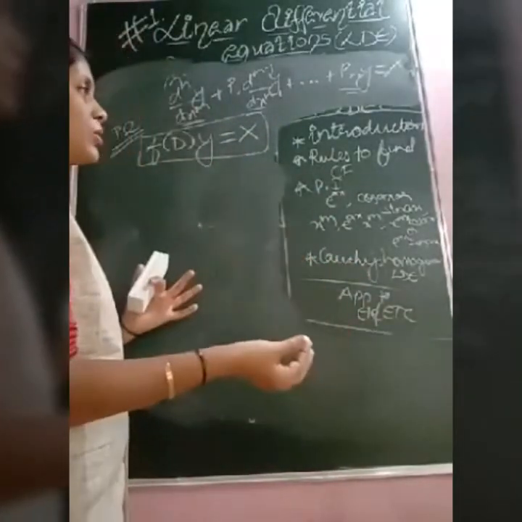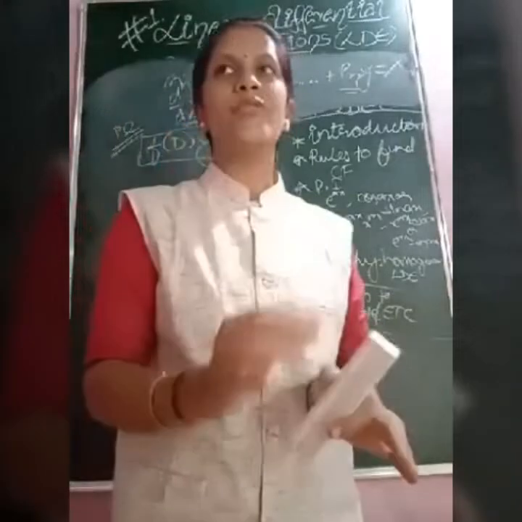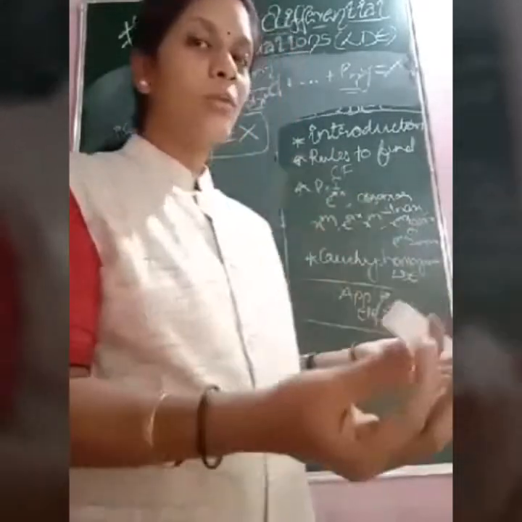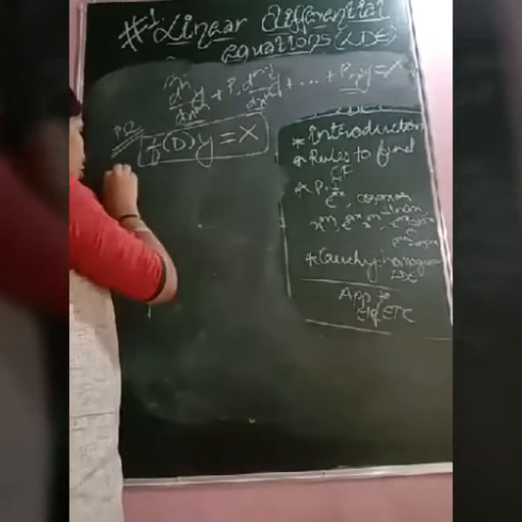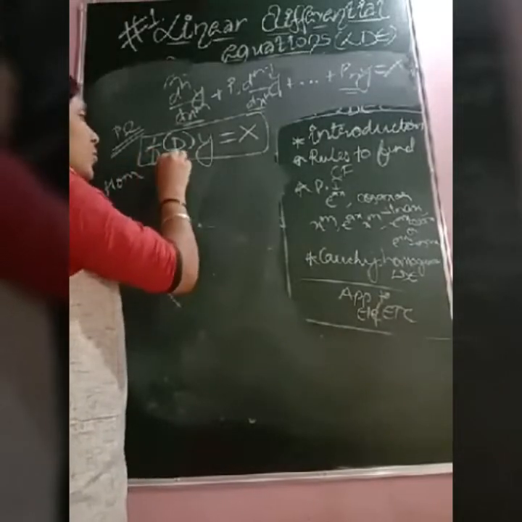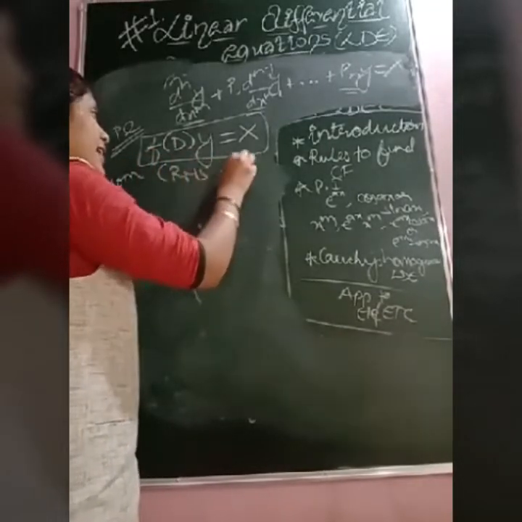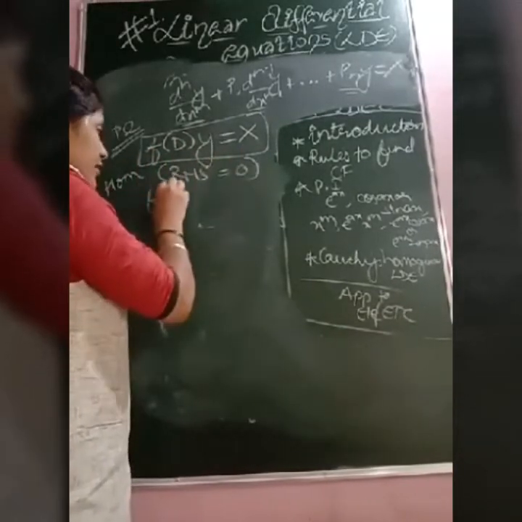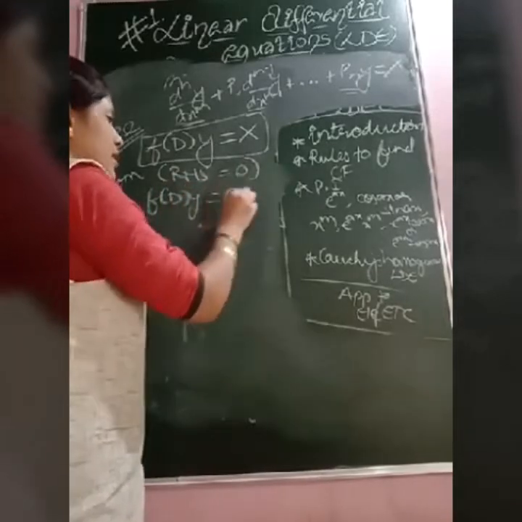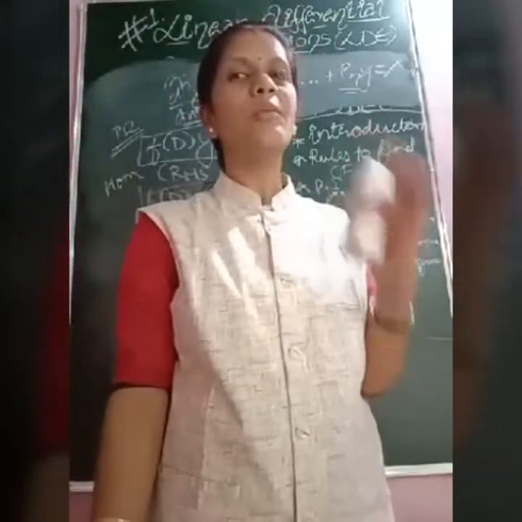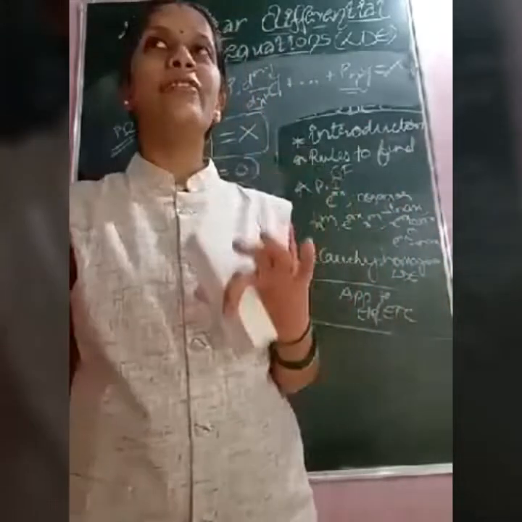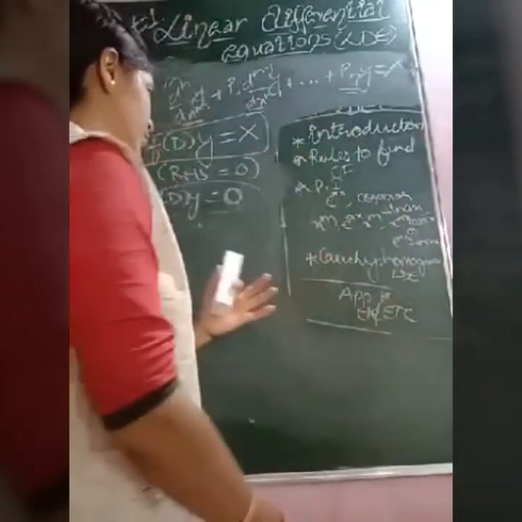Now, we already know we have two different types of equations: homogeneous and non-homogeneous. When I say homogeneous, the RHS is 0. So how can I write it? f(D) y equal to 0, because the RHS is 0. So the linear differential equation for homogeneous equations is f(D) y equal to 0.